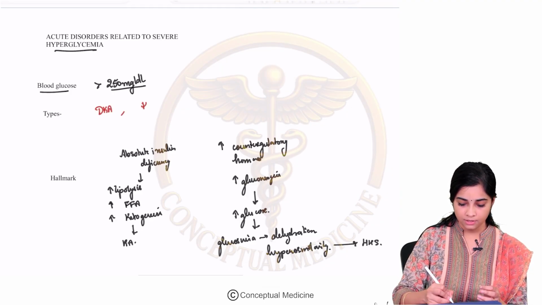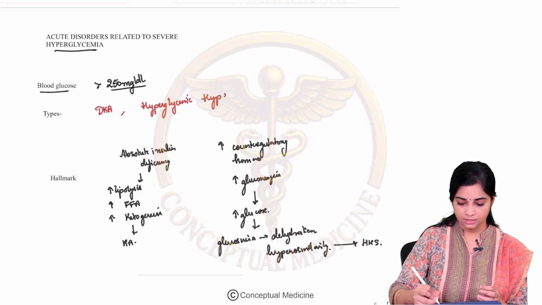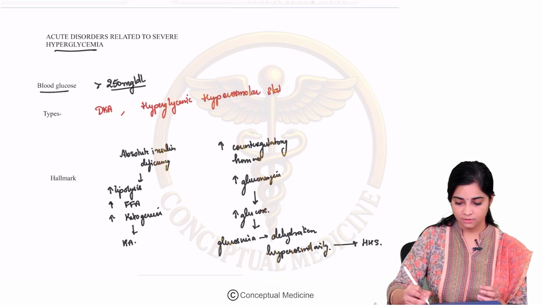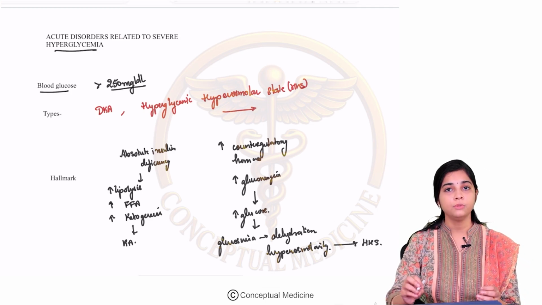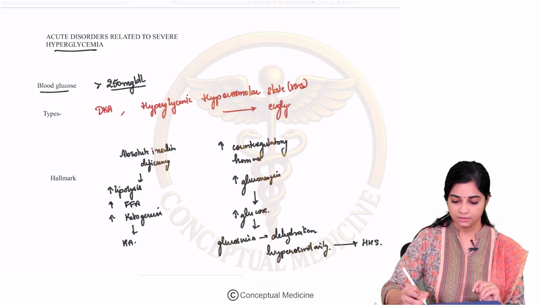then the hyperglycemic hyperosmolar state, or HHS, and the new group of disorders under this is euglycemic DKA.